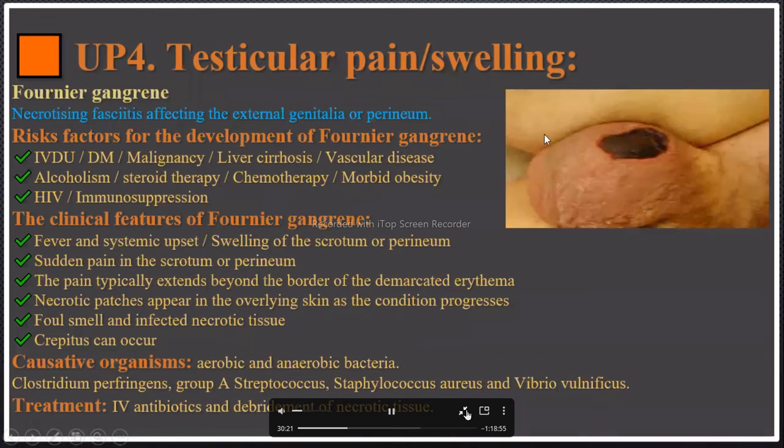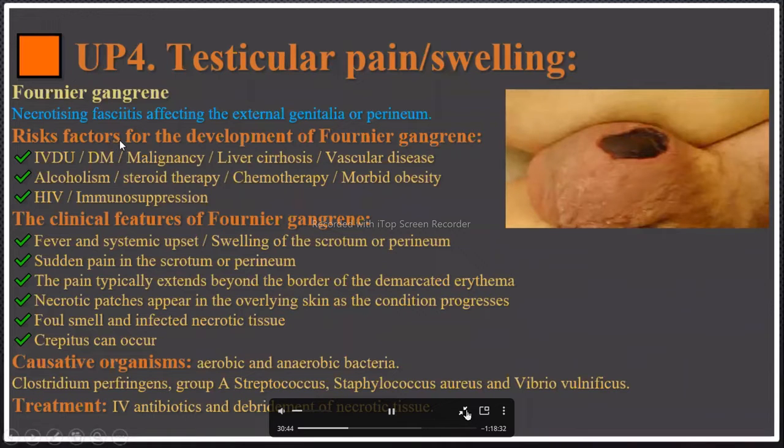So what is the diagnosis here? Fournier's gangrene. Yes. This one, I think, is obvious. If they give you this image, you can diagnose easily. It is necrotizing fasciitis affecting the external genitalia or perineum, so it can extend to the perineum.